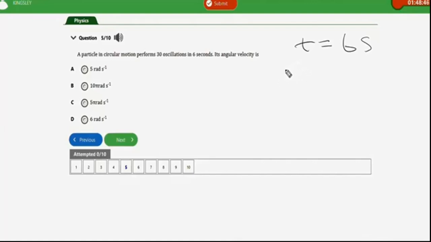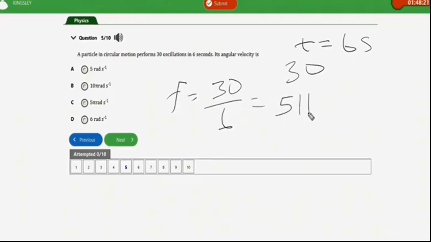So we have number of oscillations to be 30. Now note that these parameters will give us the frequency of this circular motion. So frequency is number of oscillations per unit time, so that's 30 over 6, which will give us 5 Hz. This is the frequency of this circular motion.